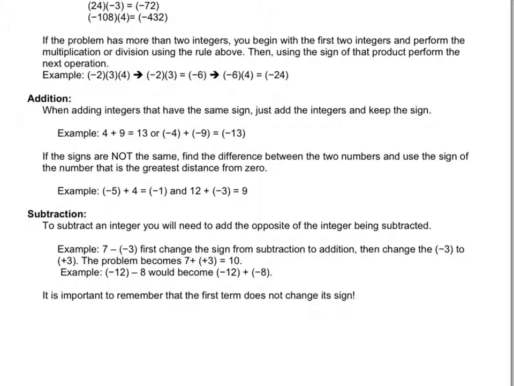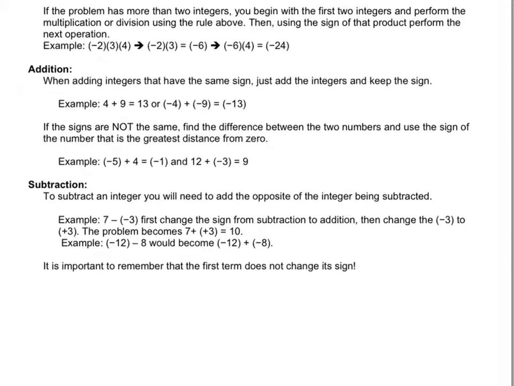And because 5 has the greatest distance from 0, which is 5 units, even though it's negative, we keep the negative sign. And 12 plus a negative 3. Well, you have 12 units from 0, negative 3 units. So subtract 3 from 12, you get 9, and you keep the positive sign.